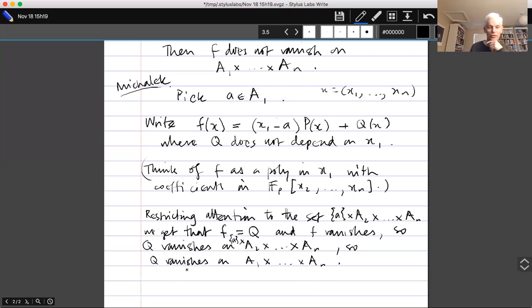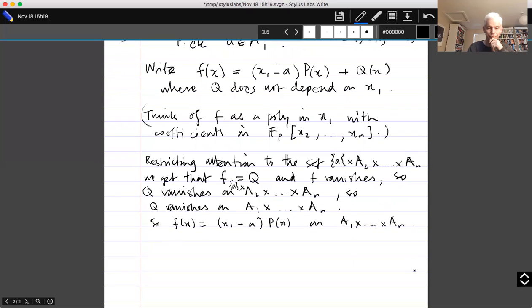So that means that we actually get that f of x equals x1 minus a times p of x on A1 up to An. Now what can we say about p?